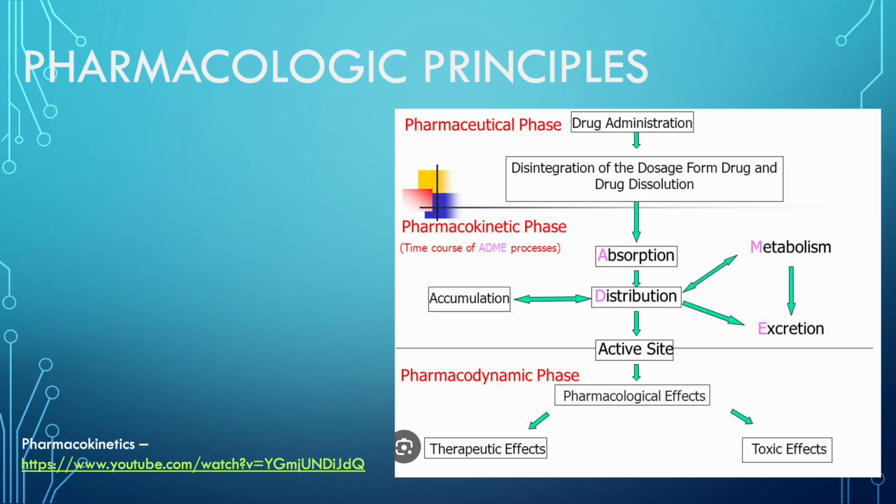You've got the pharmacokinetic phase, and the mnemonic we use for that is ADME, for absorption, distribution, metabolism, and excretion. And then you have the pharmacodynamic phase, which is where the drug actually acts on the body, and it can be a therapeutic effect, which is what we want, or a toxic or adverse effect, which is something that we don't want the drug to do.